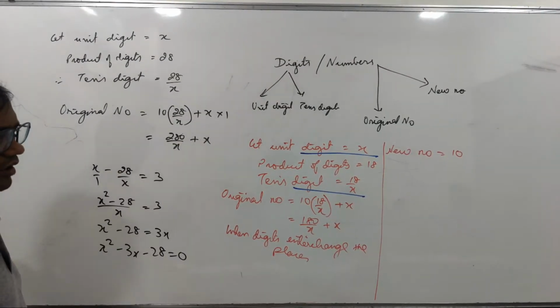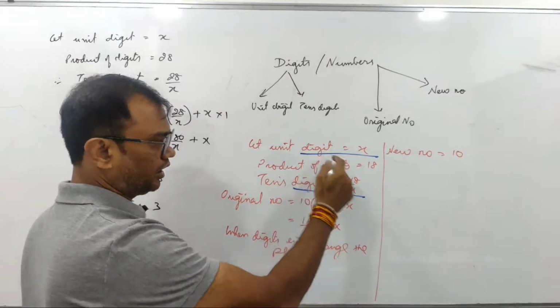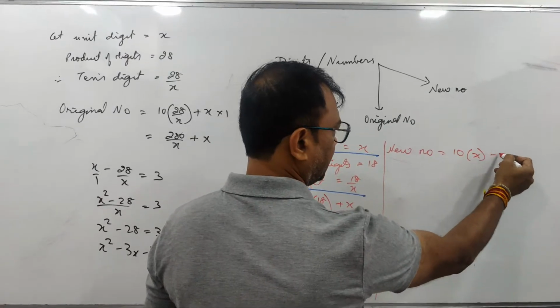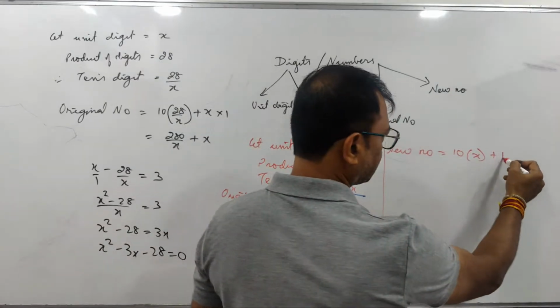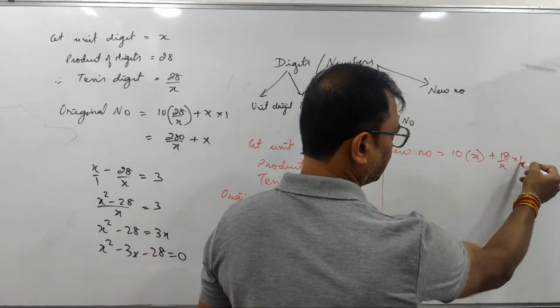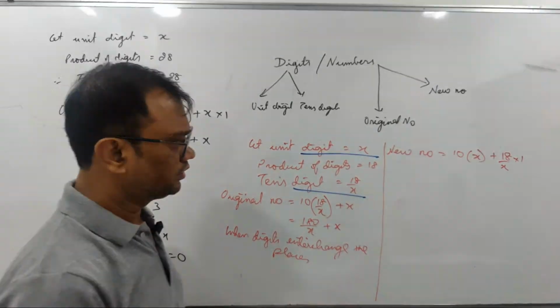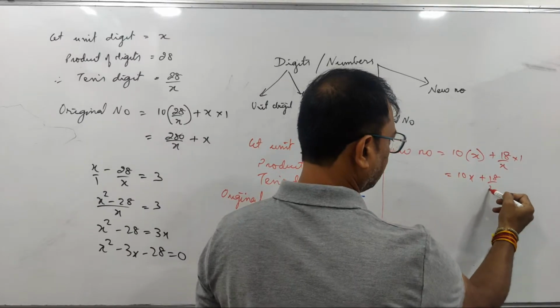Earlier we multiplied 10 with 18 upon x. This time we are going to multiply 10 with x and add 18 upon x. If you want to write 1, you can write it, because the unit digit is multiplied by 1. So this becomes 10x plus 18 upon x.